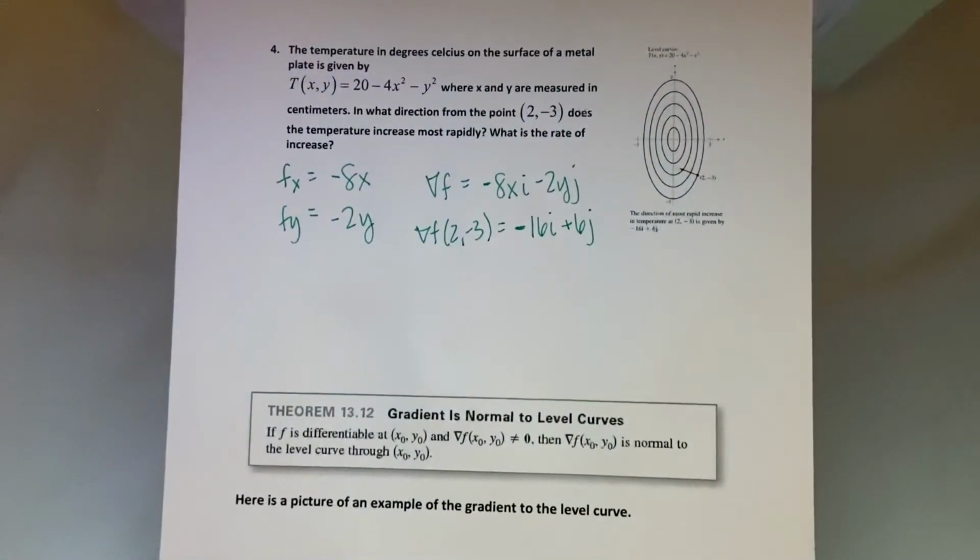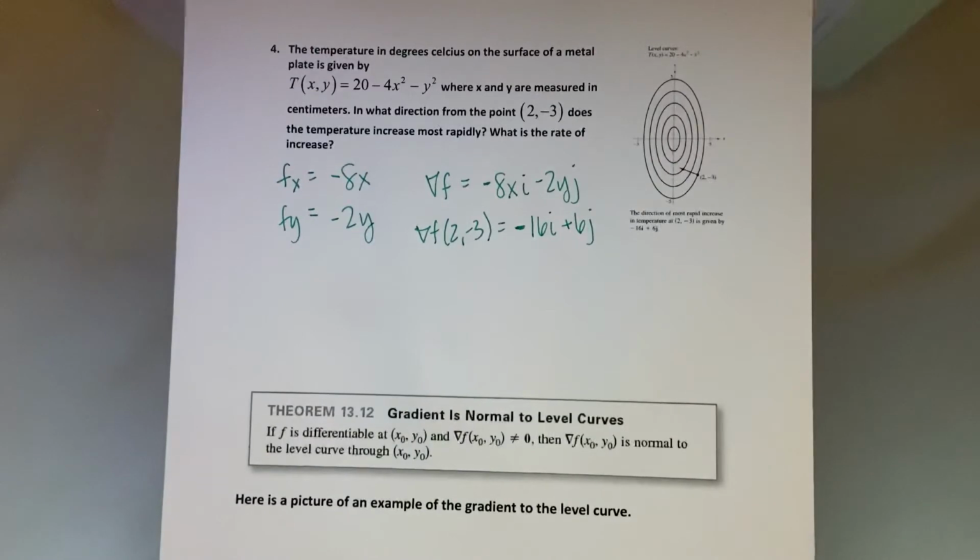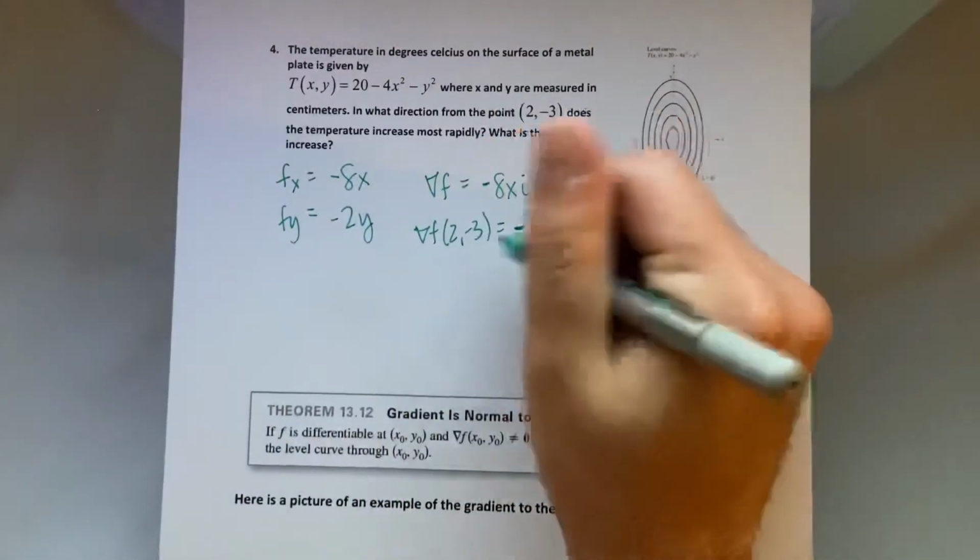So if we go in the direction 16 to the left and 6 up, which does look generally towards the center, that's the direction in which I increase the most rapidly. If I want the actual rate of increase, I need the magnitude of this thing.